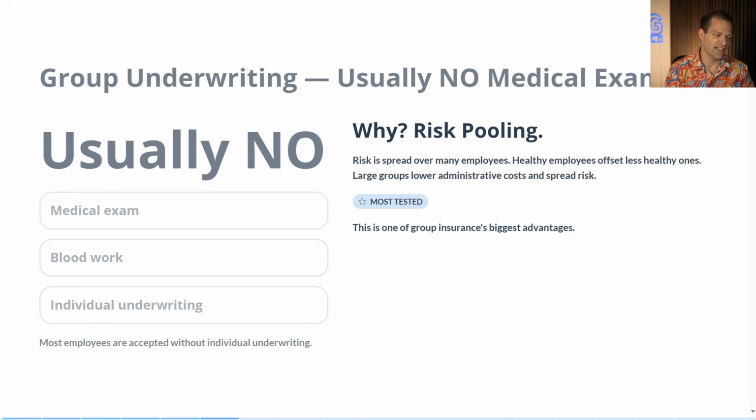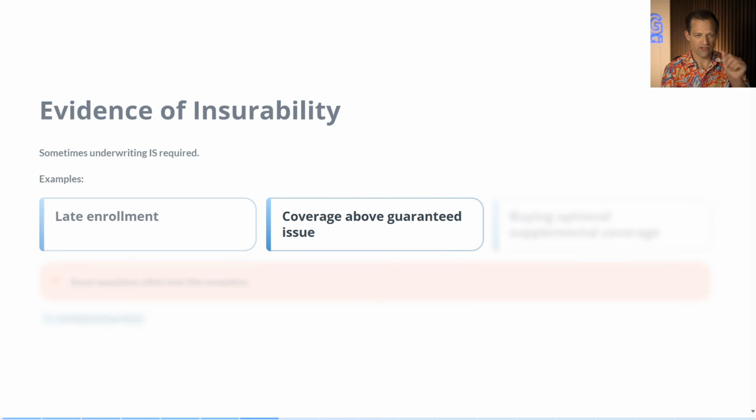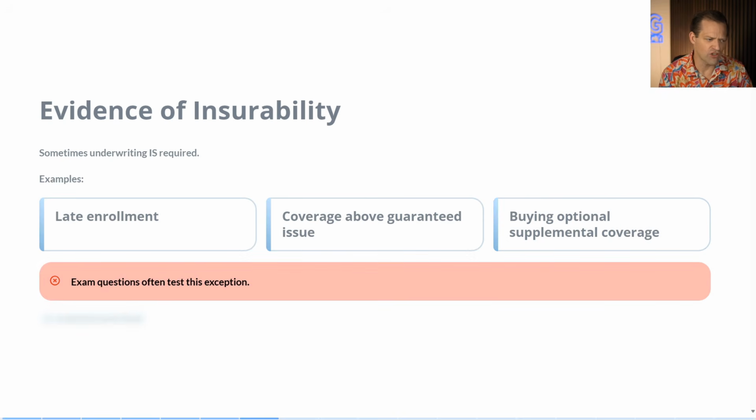This is very tested, and it's one of the biggest advantages of group insurance because there are no examinations required. Sometimes underwriting is required. Typically, it's because there's late enrollment, or there's coverage that's wanted beyond a guaranteed amount, or you're looking for supplemental coverage. So this is the exception: in these three circumstances you would need evidence of insurability.